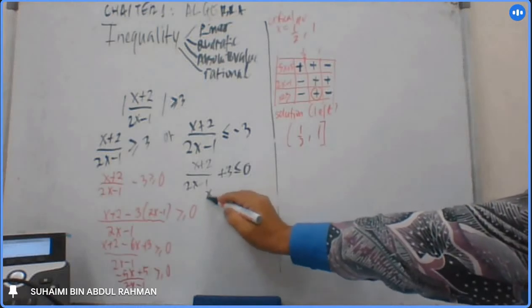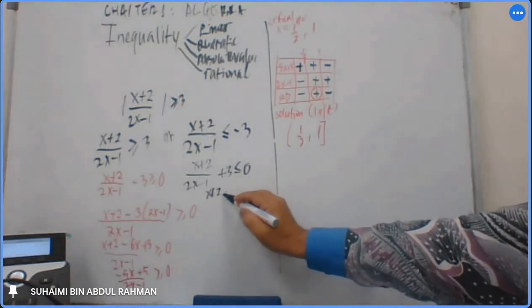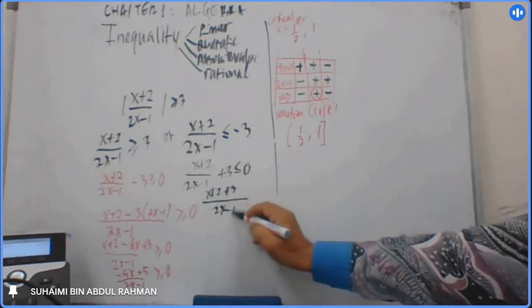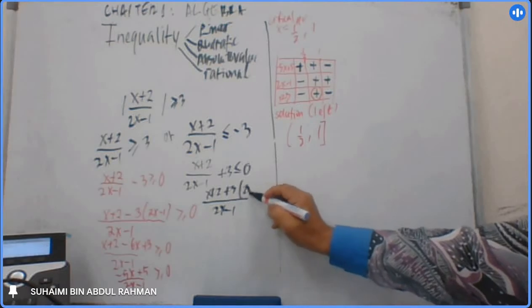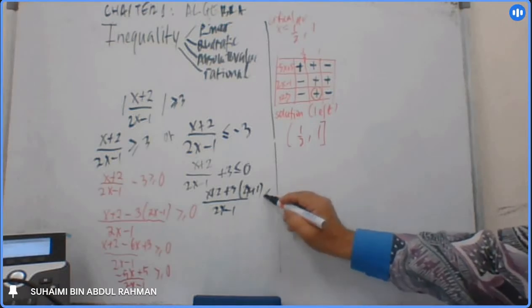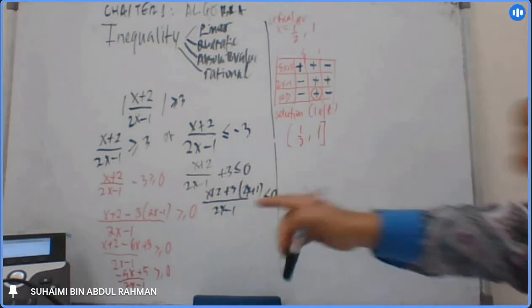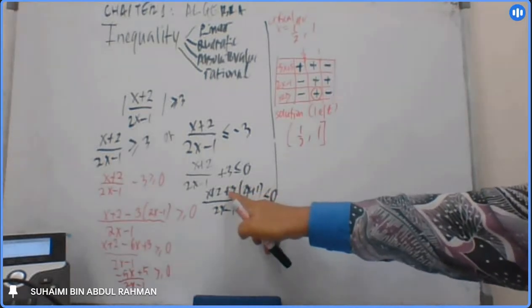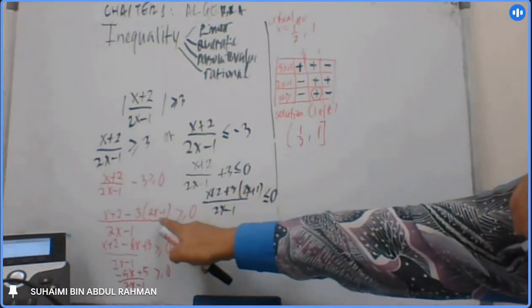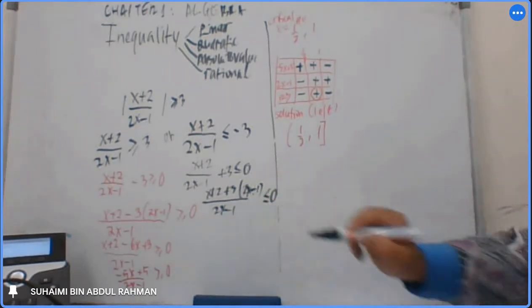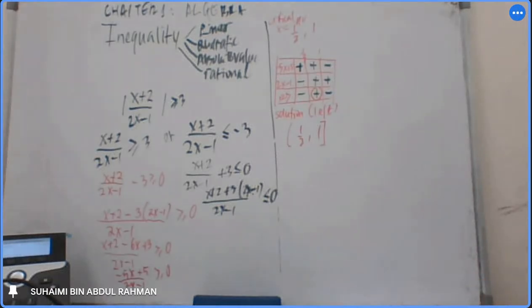So x plus 2 plus 3, we want to make the denominator 2x minus 1, so 3 must be multiplied by 2x minus 1.